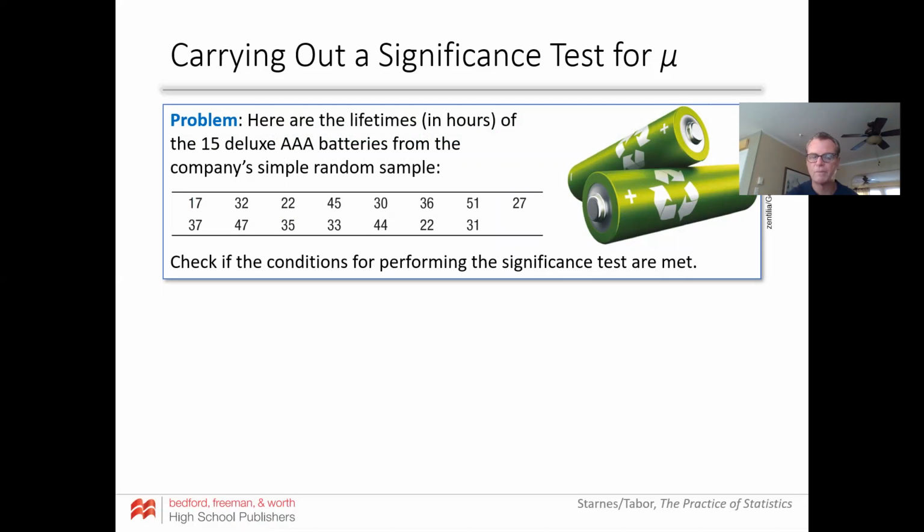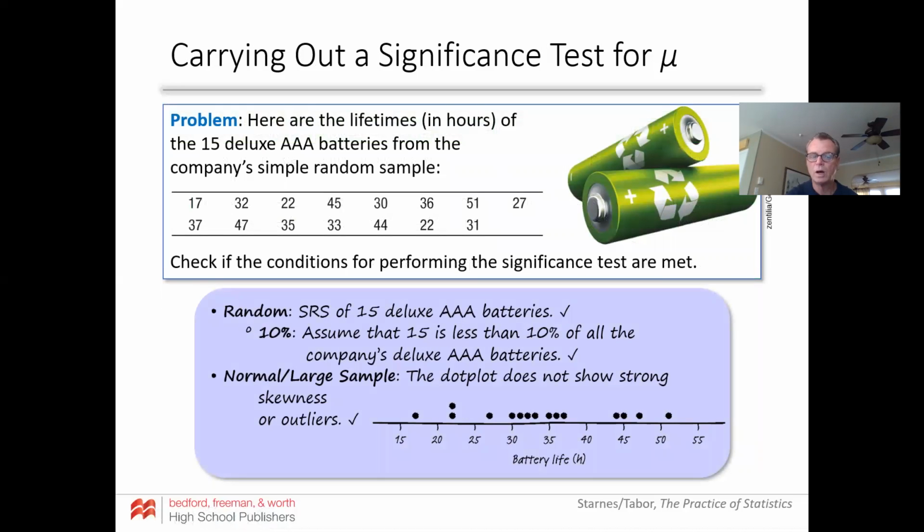So we saw this problem before. You have 15 batteries, and you want to see what the mean lifetime of these batteries is. Check to see if the conditions are met. Well, you have an SRS, and 15 is less than 10% of all the AAA batteries.